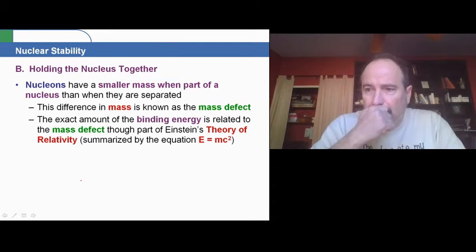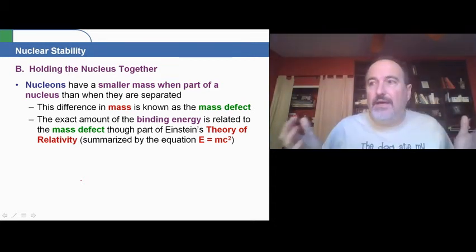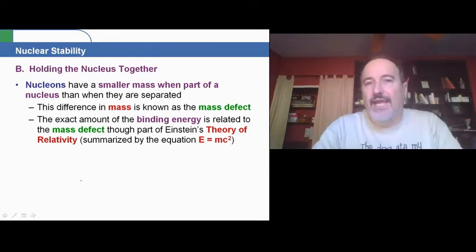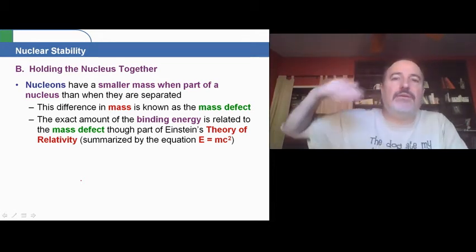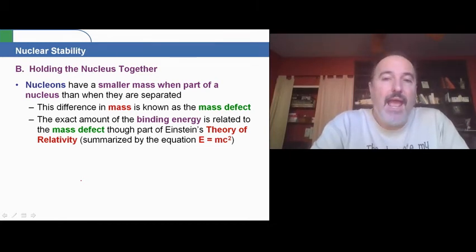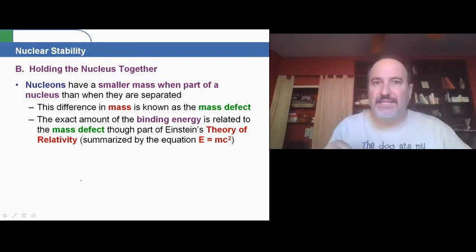And that bomb was something along the lines of 100 to 1,000 times more powerful than the best bomb that we can produce even today using chemical reactions. And the weapons that we have today, oh my goodness, are again maybe 1,000 times more powerful than the one we dropped on Hiroshima. And all that energy comes from that mass defect.